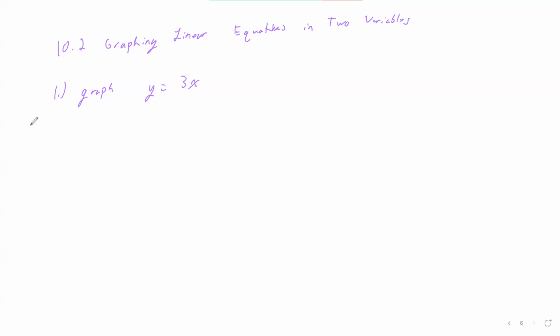Things to recall or know for the first time. Linear equations are written as y equals mx plus b, where the b represents the y-intercept, which basically just means the coordinate that goes through the y-axis.